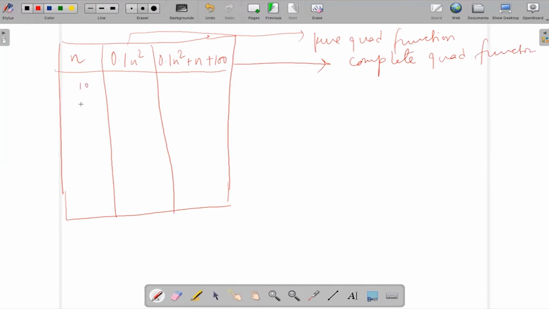Now let us say we vary the value of n. If we do so, 0.1 n square will be 10 in the first case, 40 in the second, 250 in the third, 1000 in the fourth, and 100,000 in the fifth case. If we compute the complete quadratic function, then the values that come up are as follows.